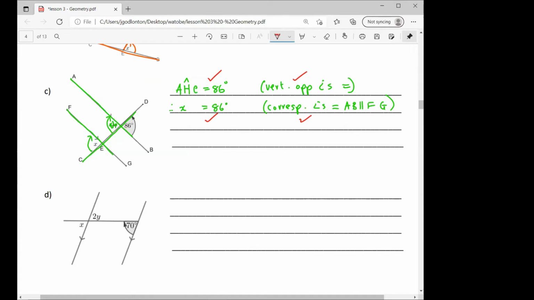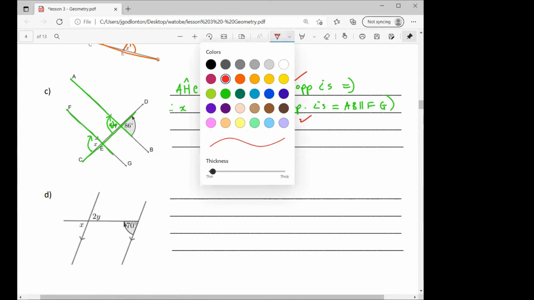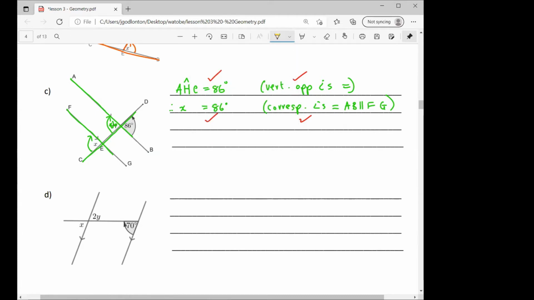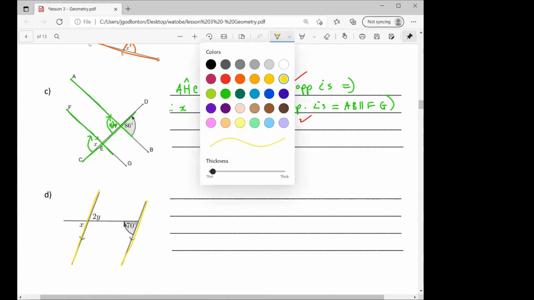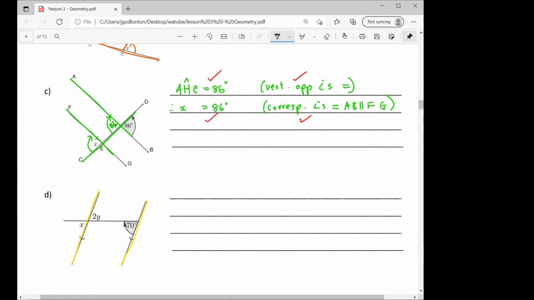Look for your parallel lines. Excellent, Canva. That's a great start. Oh, I need to label our parallel lines. I've been naughty. Let me label them quickly.